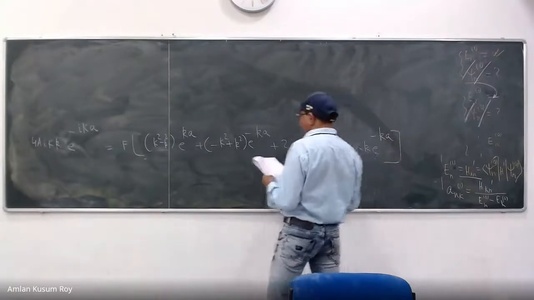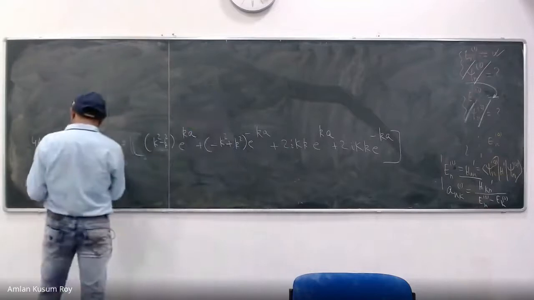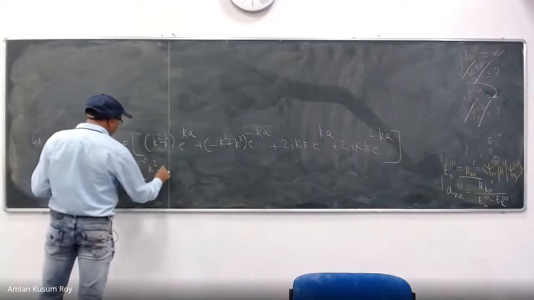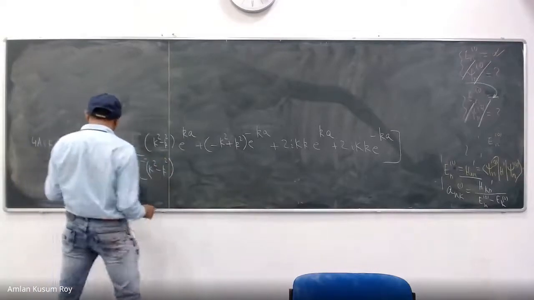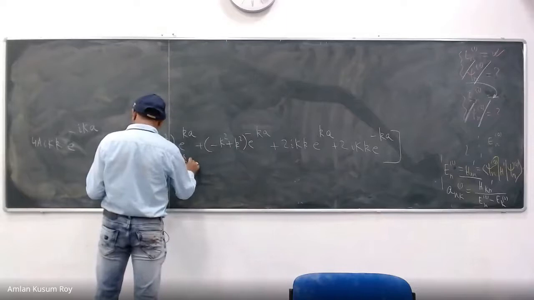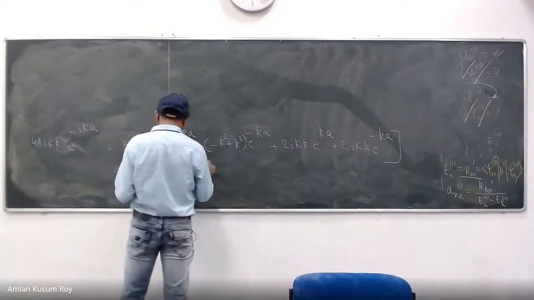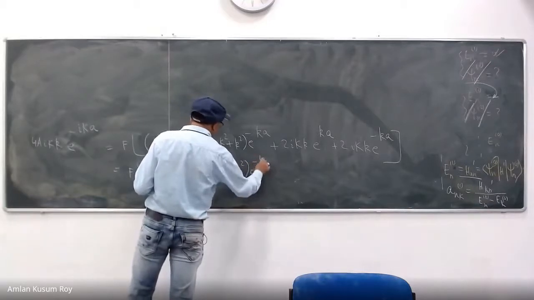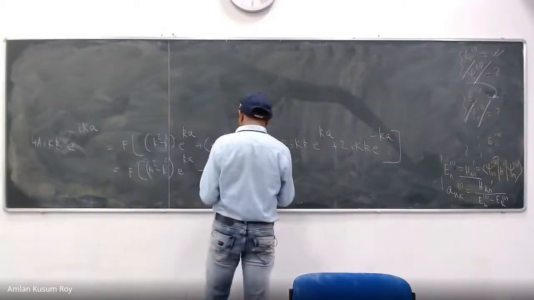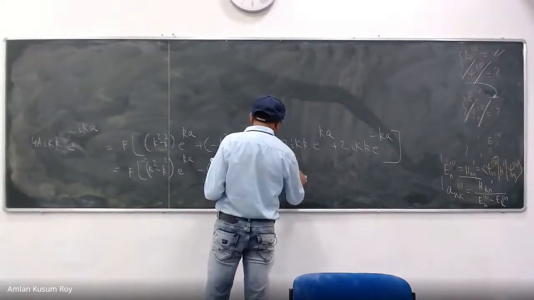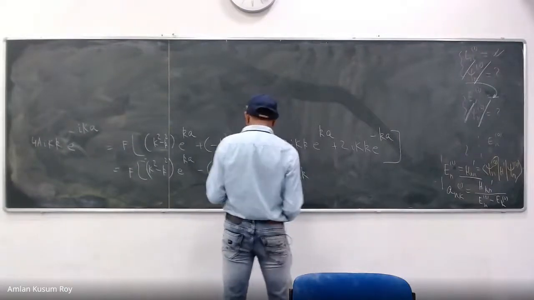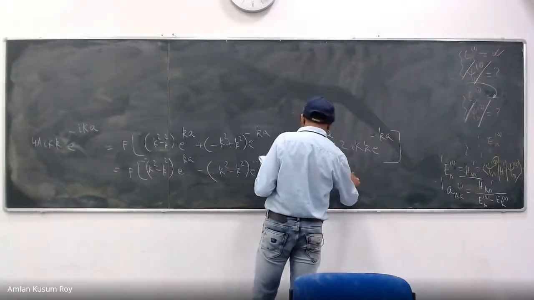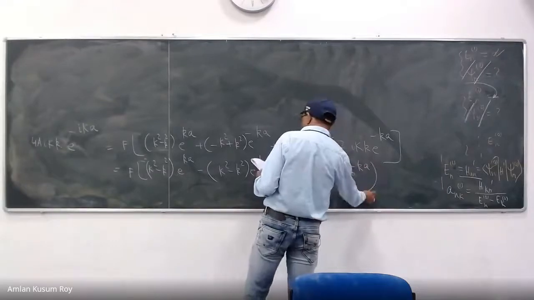That's all you get. So that gives you F into k square minus kappa square e to the power kappa A minus k square minus kappa square e to the power minus kappa A, and then plus twice ik kappa into e to the power kappa A plus e to the power minus kappa A. You can do this.